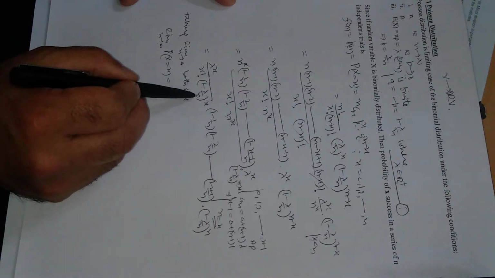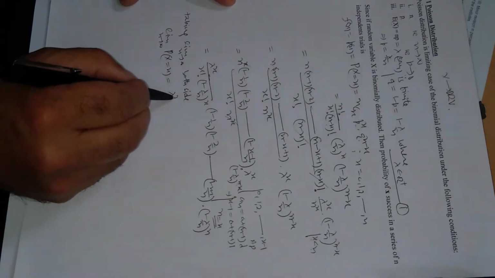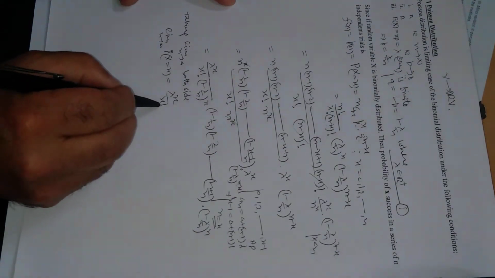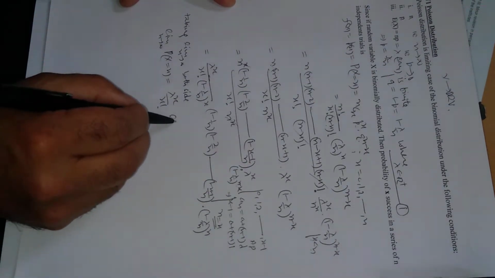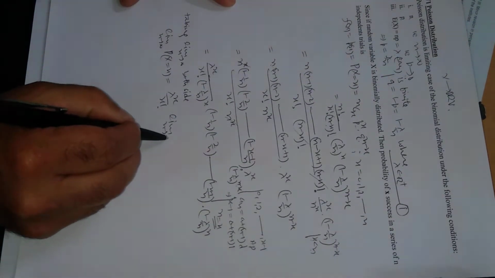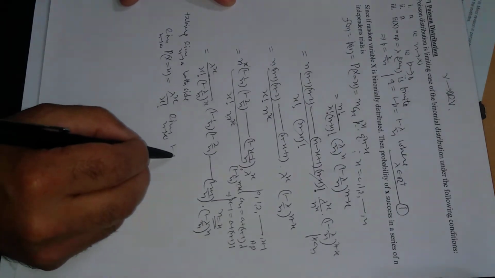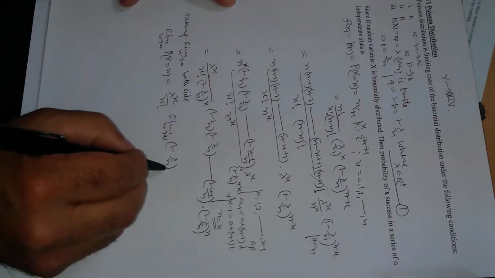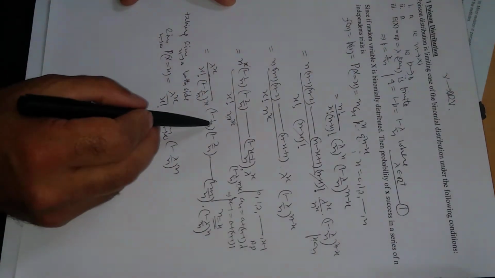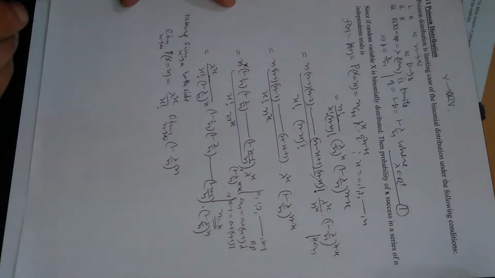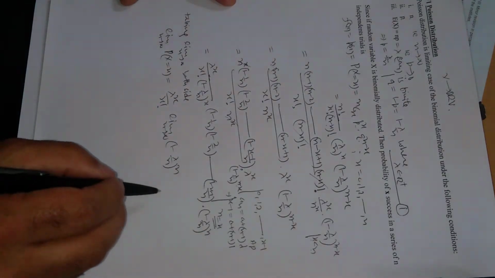This factor will also be 1, so we are left with lambda raised to power x upon x factorial. All of these factors are 1, so next is limit n approaches infinity of 1 minus lambda upon n raised to power n, and the rest of all these factors are 1, because something upon infinity is 0 and 1 minus 0 is 1. Now use this formula.